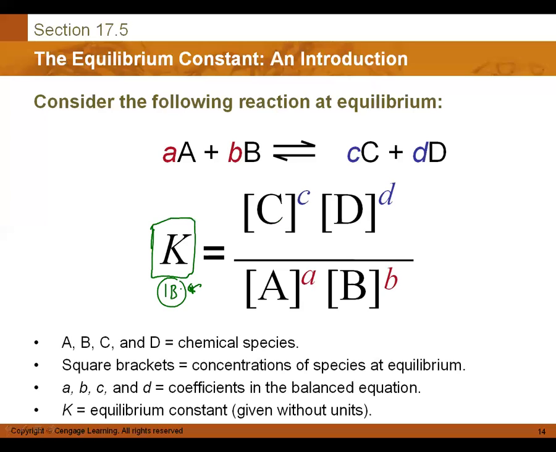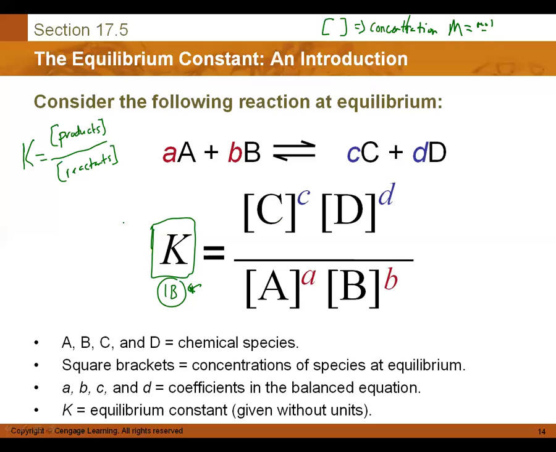And to calculate the equilibrium constant, we essentially take the concentration of our products divided by the concentration of our reactants. And when we see the little brackets like this, this means concentration, and usually that's molarity, which is moles per liter.